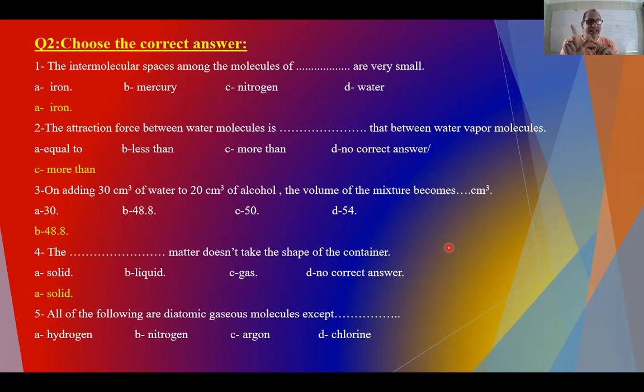Chlorine, fluorine, bromine, iodine. Those are diatomic: Br2, Cl2, something like this. And 3 in the atmosphere, which are nitrogen, oxygen, and hydrogen. So those 7 only are diatomic. Anything else is monatomic. Hydrogen is one of what we said, nitrogen is one of what we said, chlorine is one of what we said, but argon is not diatomic. It is a noble gas.